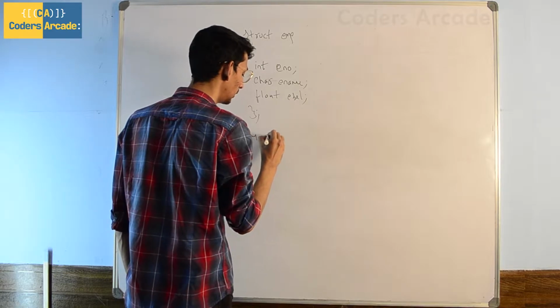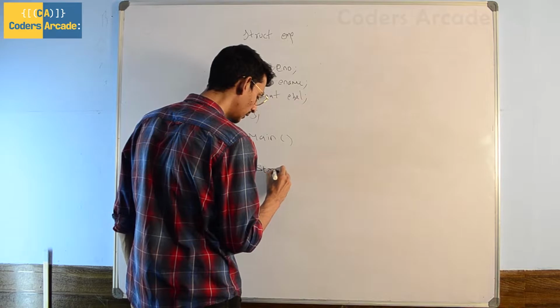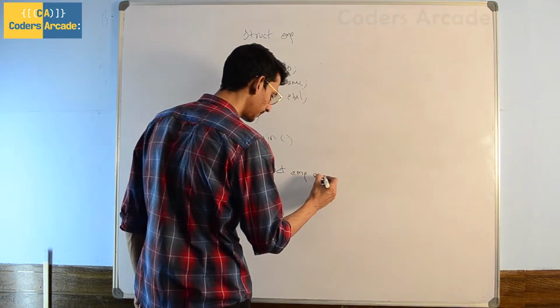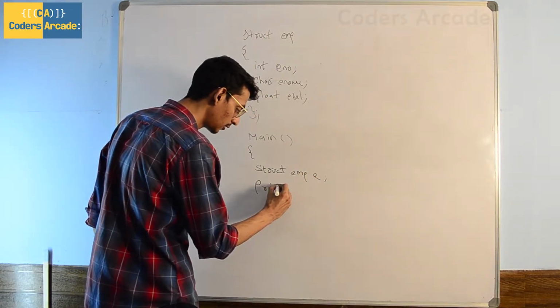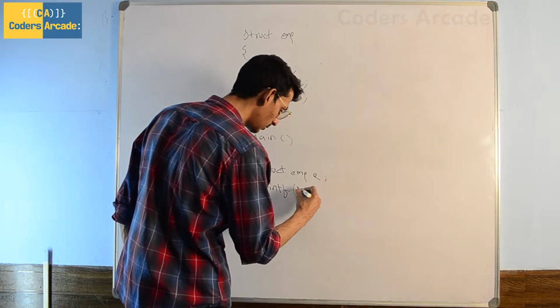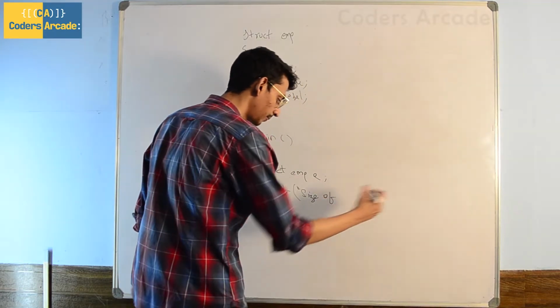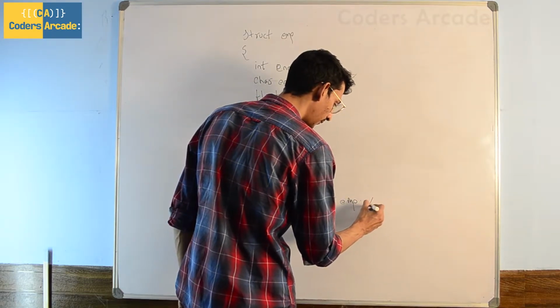Then inside our main function, we're going to declare our structure, struct employee E, and then we're going to printf the sizeof employee followed by a format specifier.